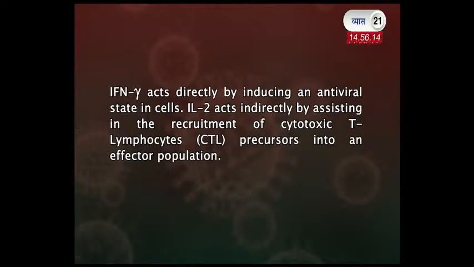Interleukin 2 acts indirectly by assisting in the recruitment of cytotoxic T lymphocyte, or CTL, precursors into an effector population. Both interleukin 2 and interferon gamma also activate NK cells, which play an important role in host defense during the first few days of many viral infections until a specific CTL response develops.